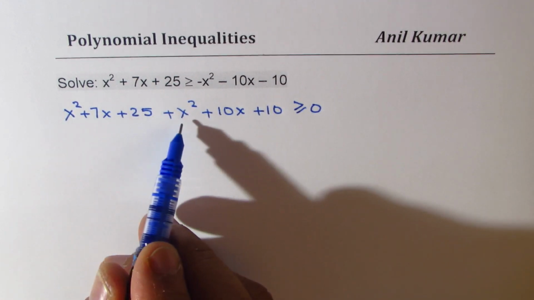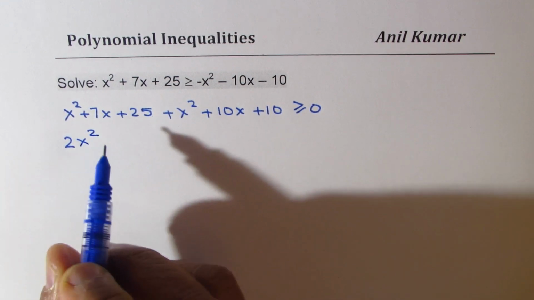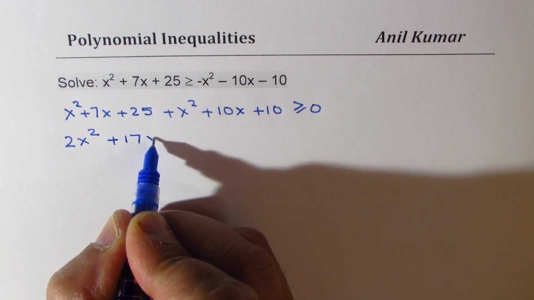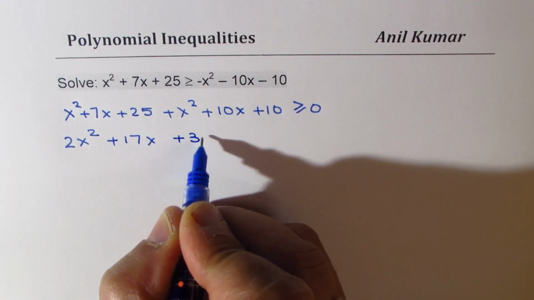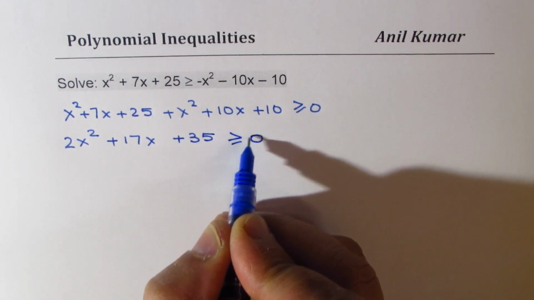Now combine the like terms: x squared becomes 2x squared, 7x and 10x gives us plus 17x, 25 plus 10 is 35, greater than or equal to 0.